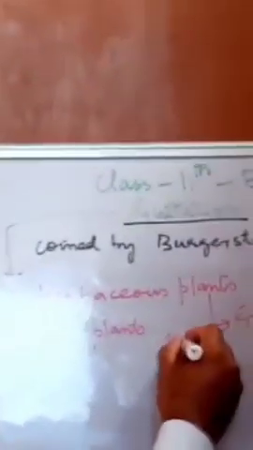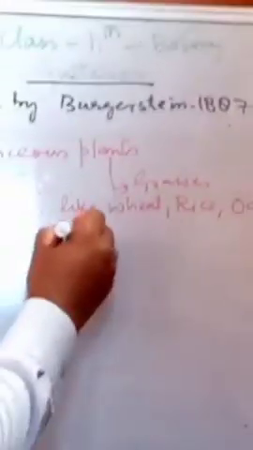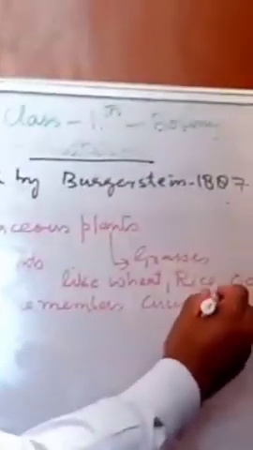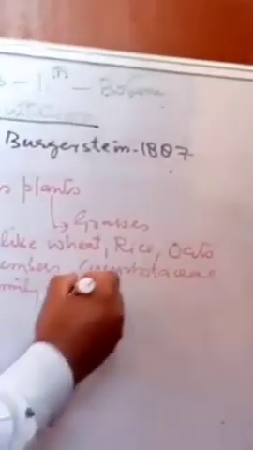In herbaceous plants, we have got some grasses like wheat, rice, oats, we have got some members of the Cucurbitaceae family, Solanaceae family, and this process is also found in the tomato plant.